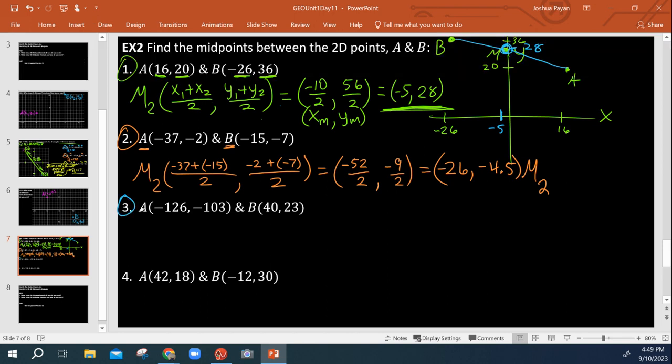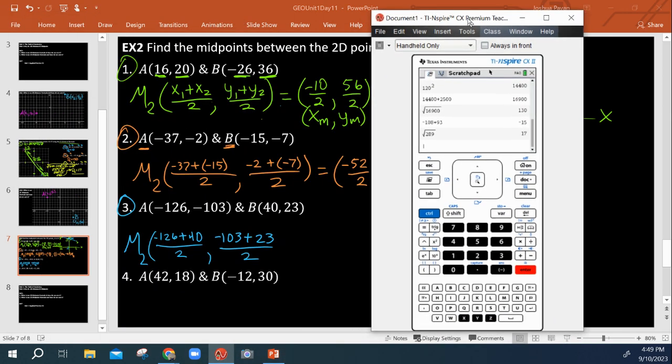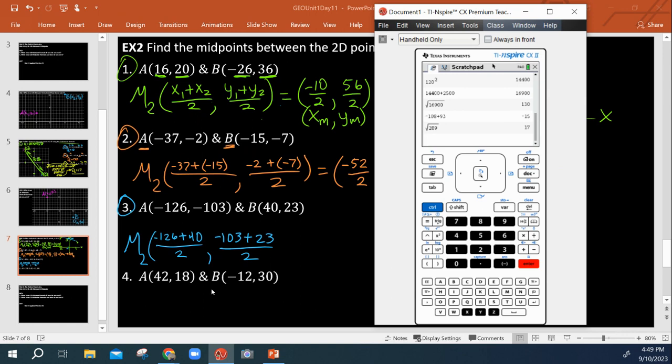Okay, so again, same formula. That's just going to be x1 plus x2 all over 2. That's my x midpoint. And then my y midpoint is going to come from y1 plus y2, all of that over 2. Okay. All right. So then we just plug in. So I can go ahead and hit Control Divide and make a big fraction.